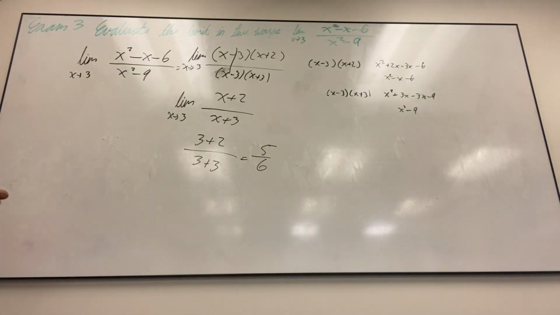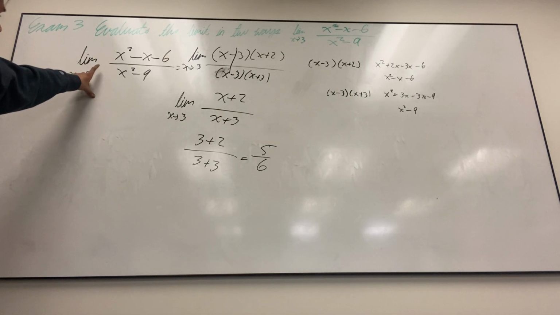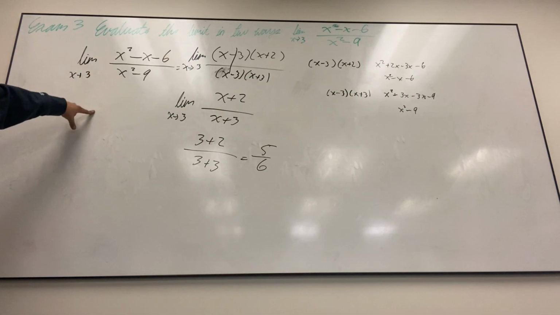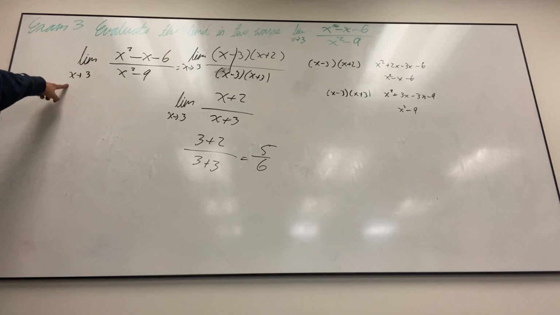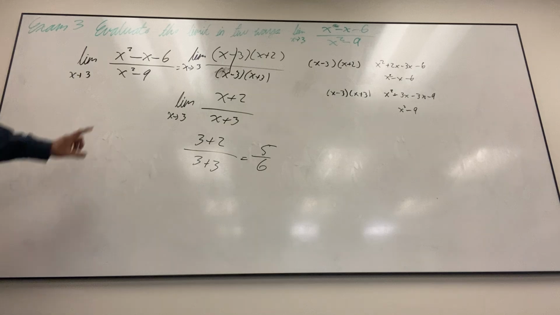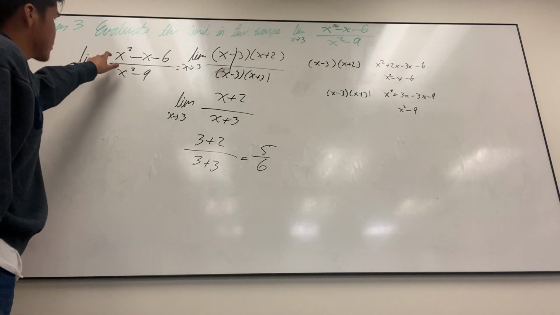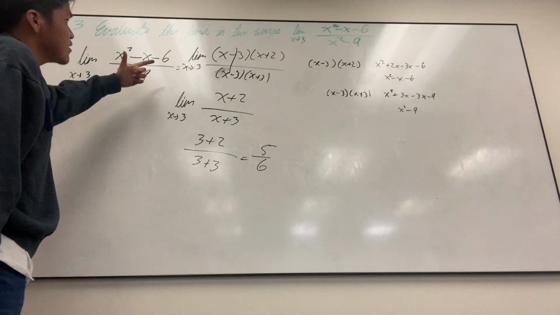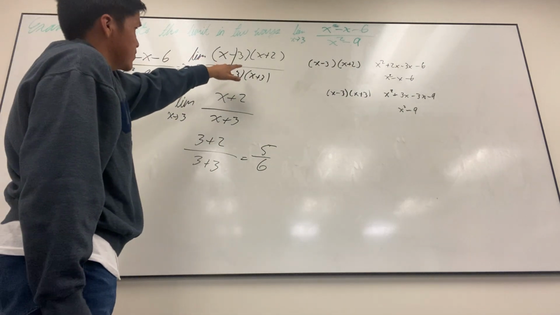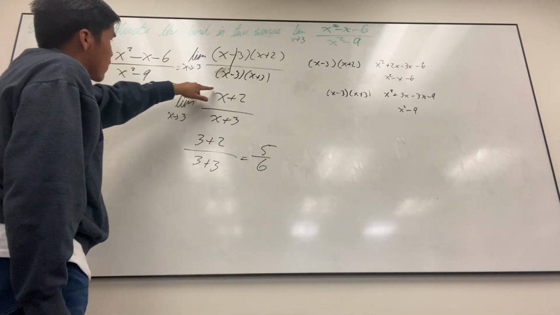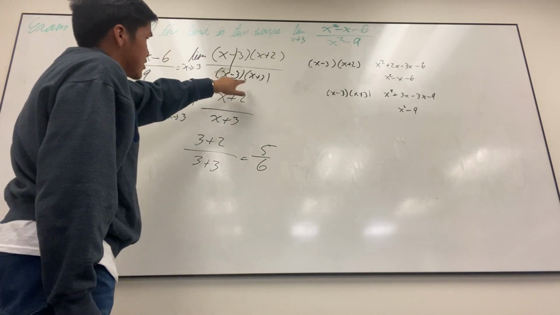That's your limit. To recap, your equation is the limit of x squared minus x minus 6 over x squared minus 9 as x approaches 3, and you can solve this by factoring. The factored form is x minus 3 times x plus 2 over x minus 3 times x plus 3.